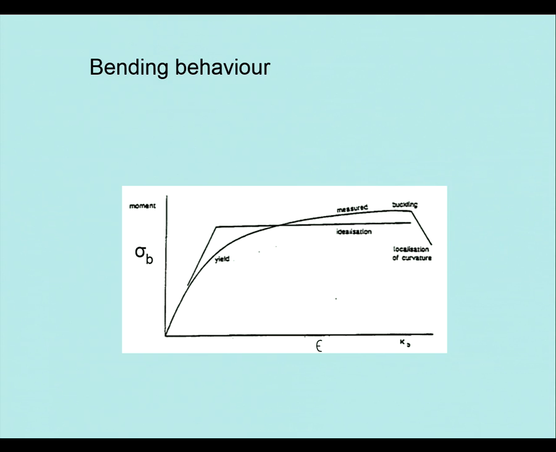So, if you do your stress strain curve and you look at your bending, in the zone of the yield stress, then you can bend that and it stays round.